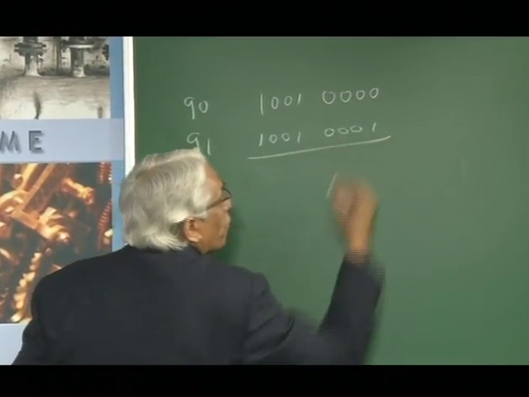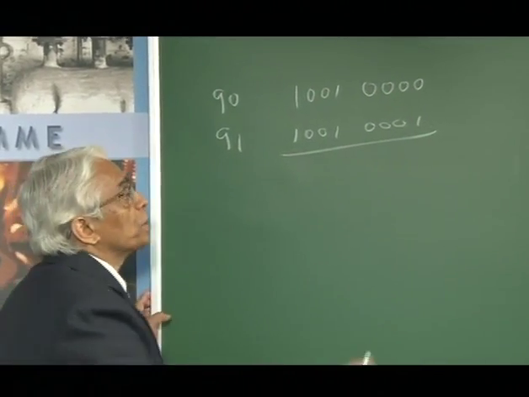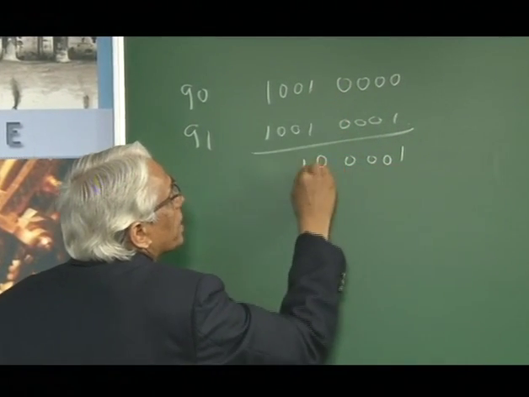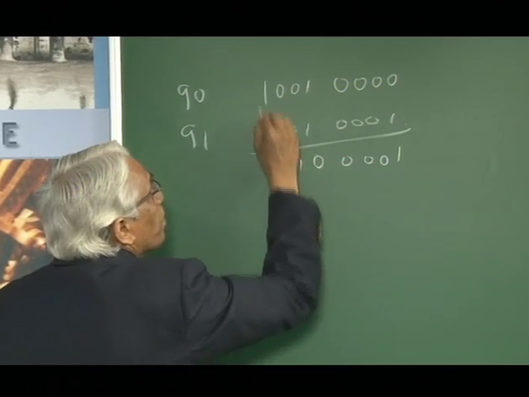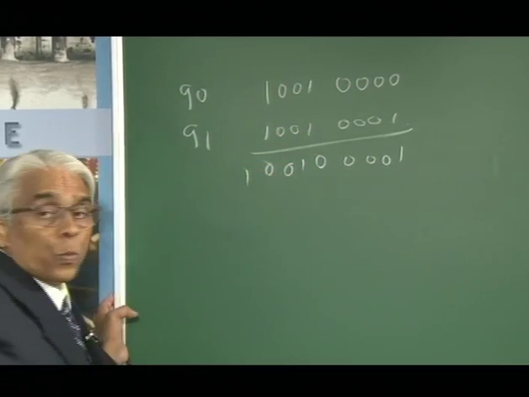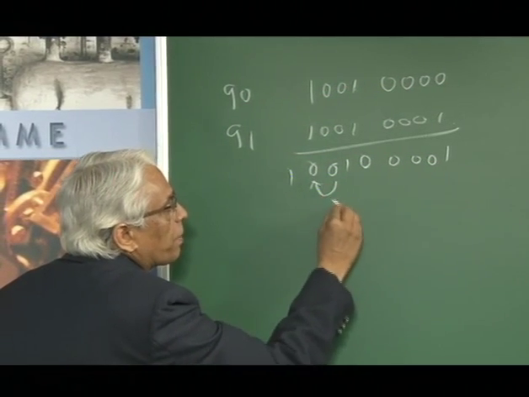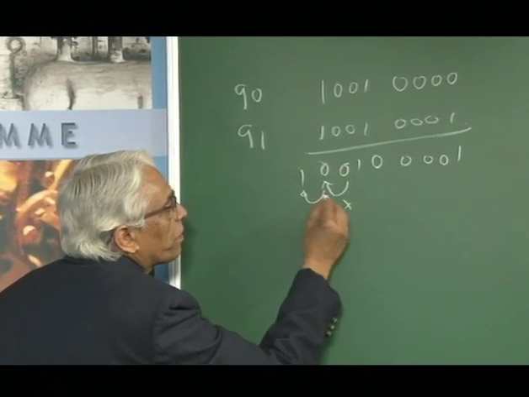0001. When you perform the add operation, we get the value 1000, 0001: 1 plus 1 is 0 with a carry, again 1 plus 1 is 0 with a carry. We note here that there is no carry coming into this bit, but there is a carry going out from it.